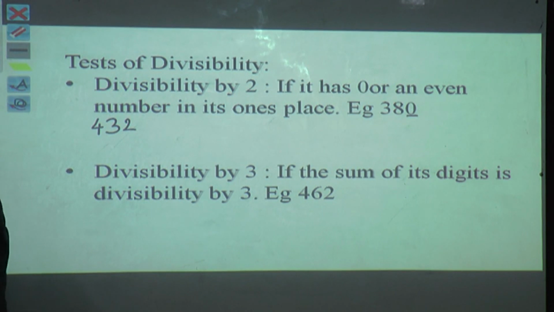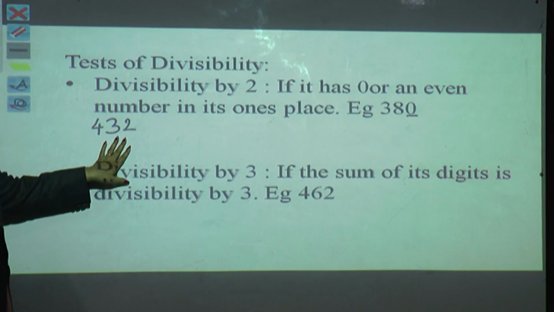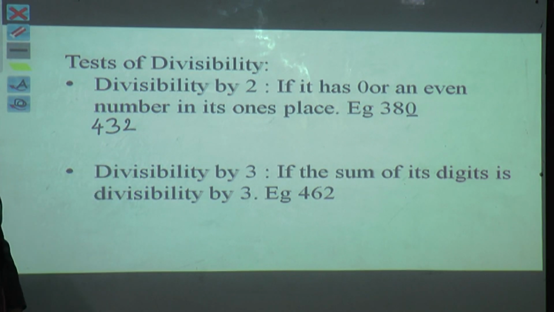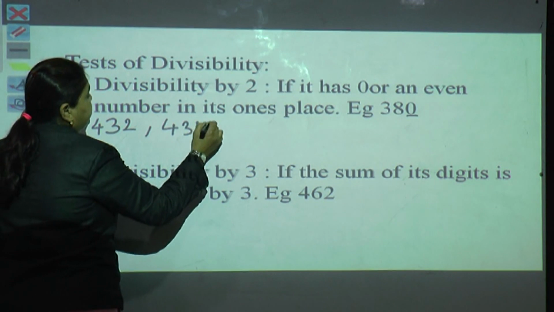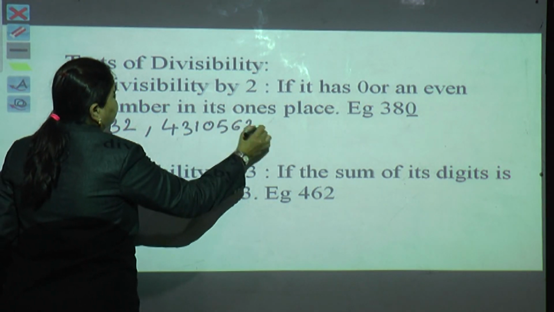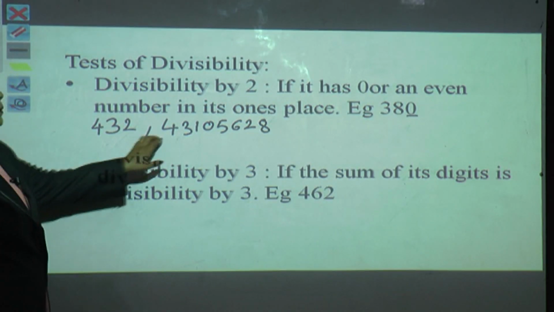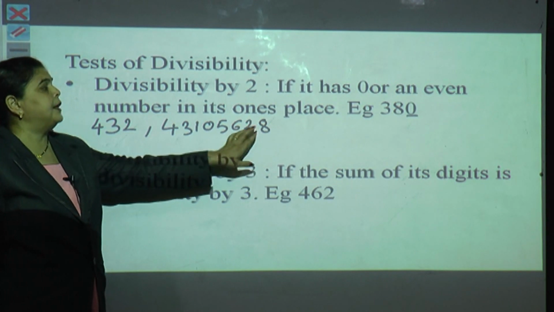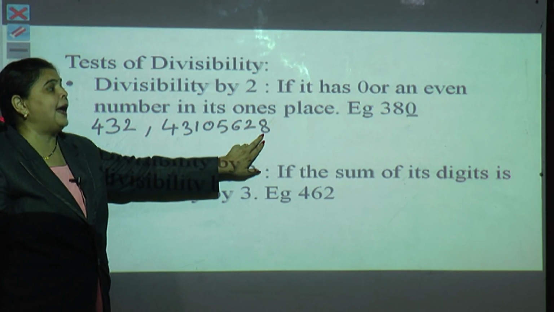This is an even number, so we can divide it by 2 completely, leaving a remainder of 0. It may be a number of any number of digits. Is this number divisible by 2? Yes, we can see by looking at the ones place for a 0 or an even number.